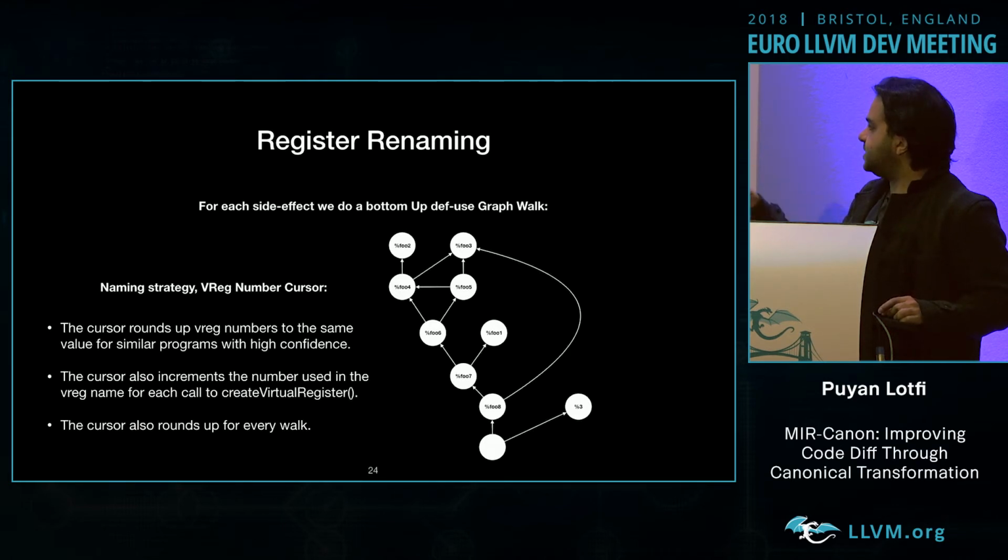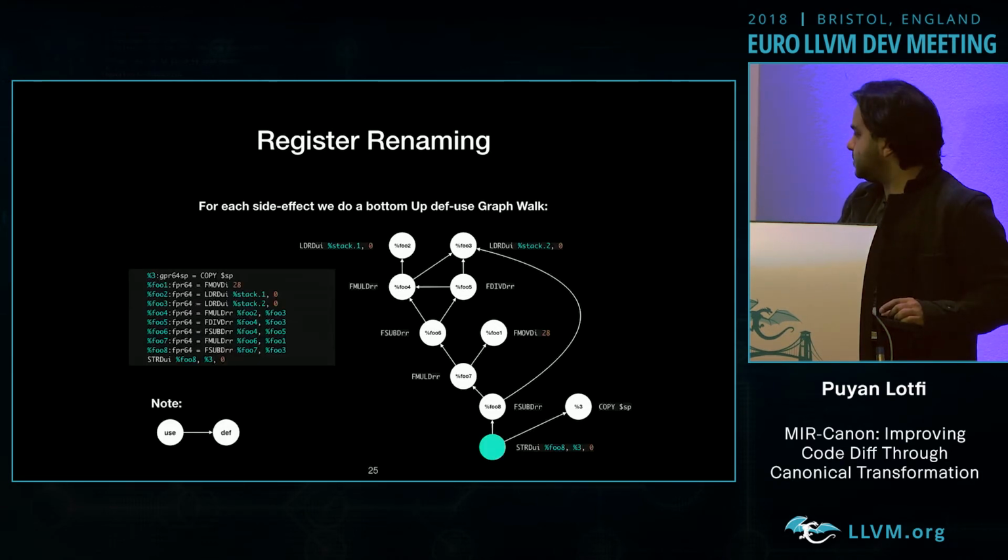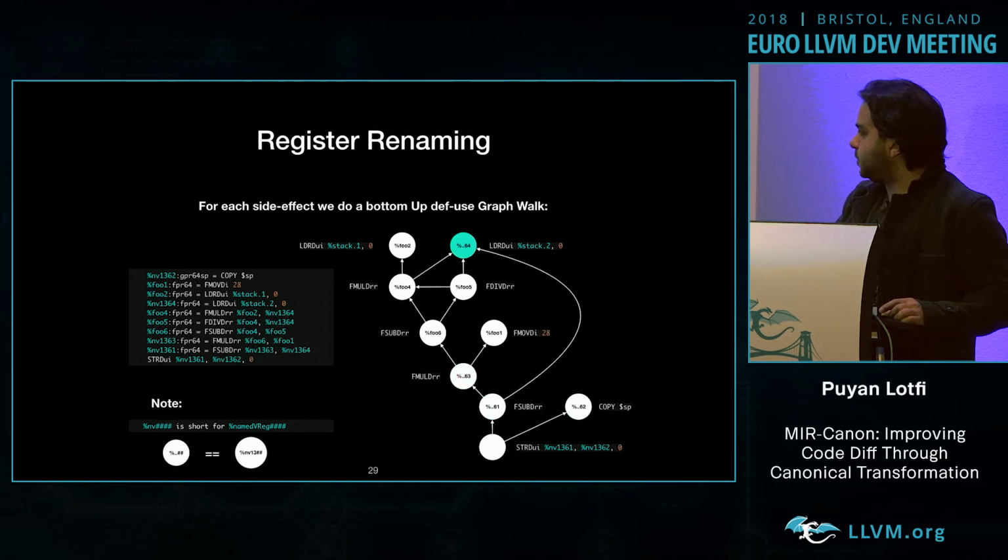As we do the walk, we create new VREG names, and we rename the VREGs. For each walk, we actually skip a little bit as well, so we round up for every walk. At the beginning of the program, we round up a lot, and then at every walk, we round up a little bit. We do our walk, and we rename the VREGs in the def use graph.